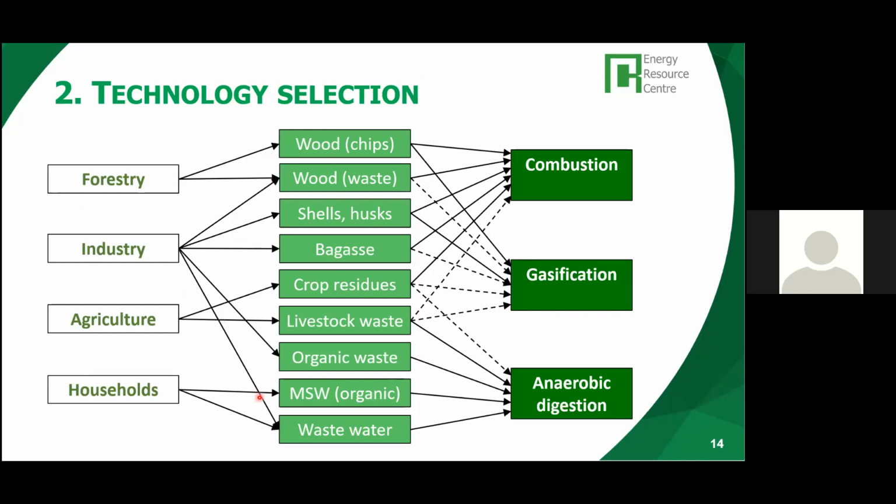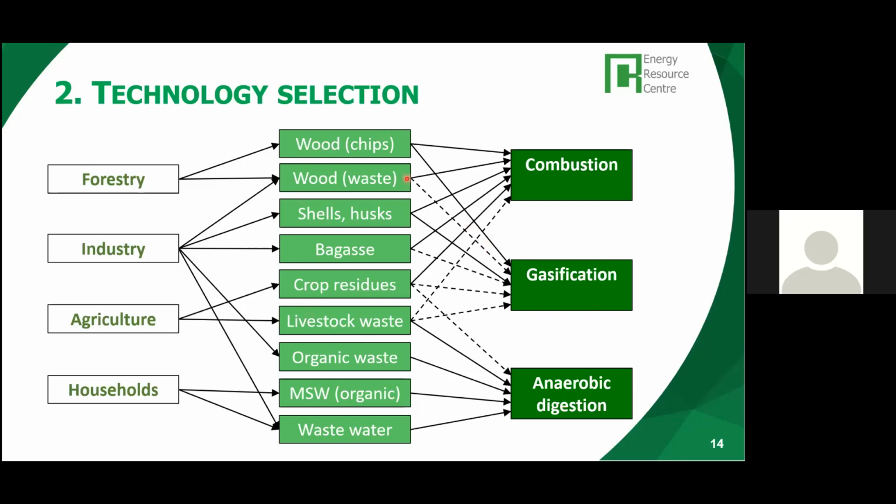Now, what we see here on the left-hand side and in the middle is more or less what we saw earlier. What we see on the right-hand side is more or less the conversion type that can be considered.